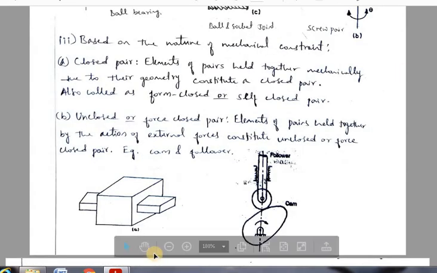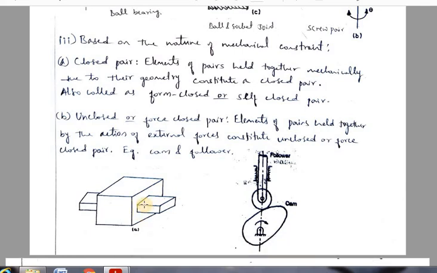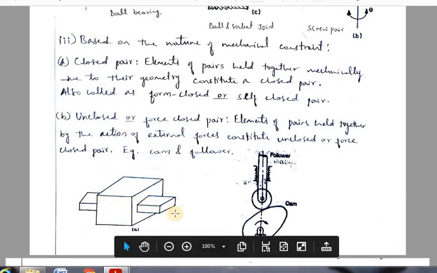For example, if you take this figure, you can see a slab fixed inside a slot in a cube. We do not need any external devices here to hold these two elements together, and the motion of this slab is only in the horizontal direction, that is, in only one direction.